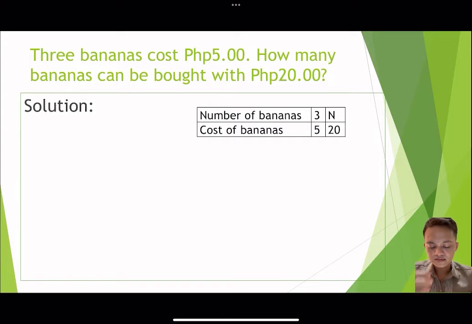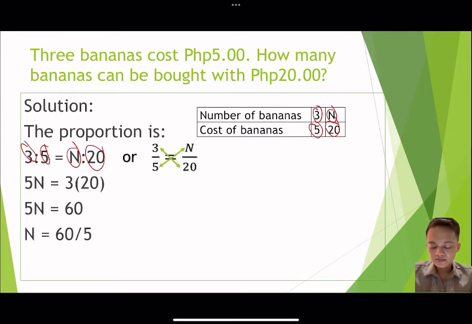Now, to solve this, we have to multiply this one. Cross-multiply tayo. So, 5 times n is equal to 3 times 20. Okay? Next is 5n equals 3 times 20, which is 60.